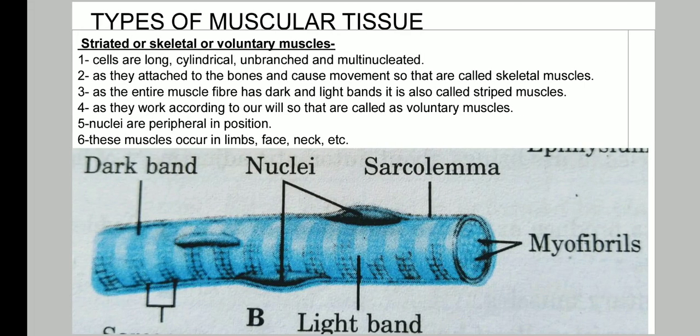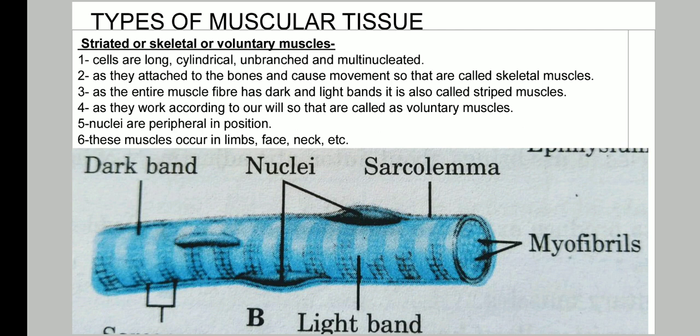Now the types of muscular tissue. First is striated, or skeletal, or voluntary muscle. Why do we call this type of muscle fiber striated, skeletal or voluntary? Let us see.